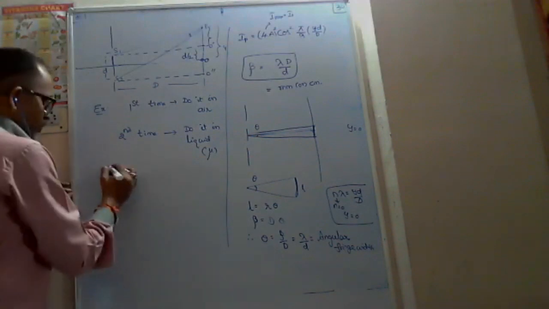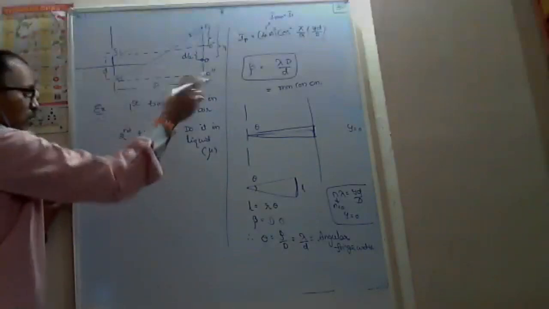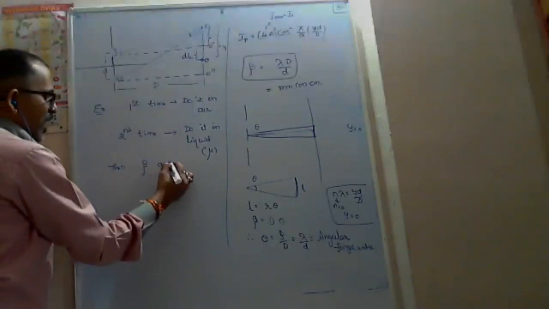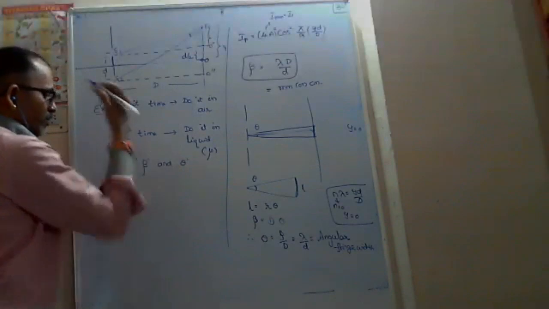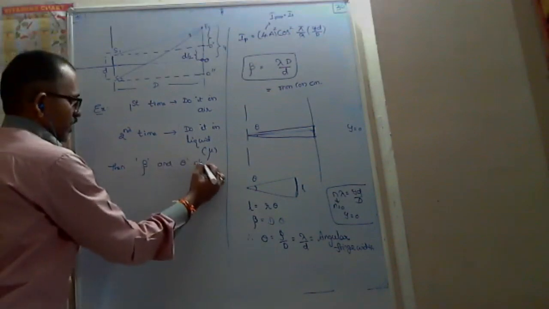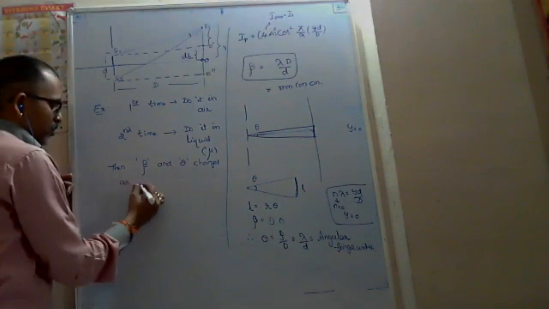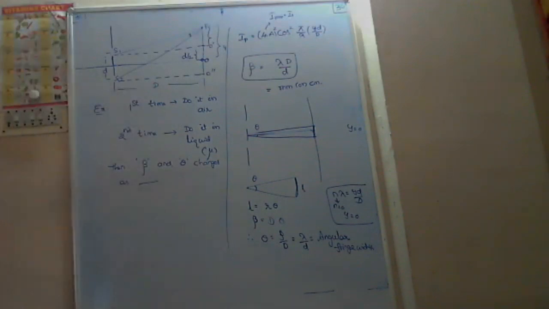Then what happens to the fringe width beta and the angular fringe width theta? That is the question.